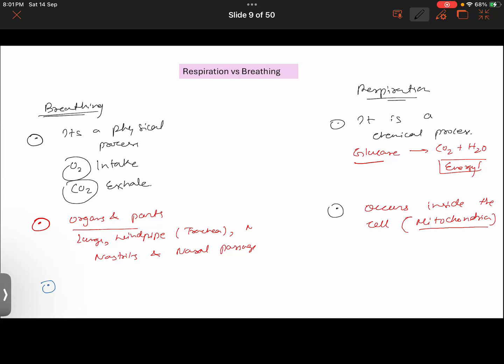So there isn't any release. I was talking about whether energy is given out or not. So no energy is produced in breathing, but in the case of respiration, energy is released. So energy is released in this process. Got this, no?